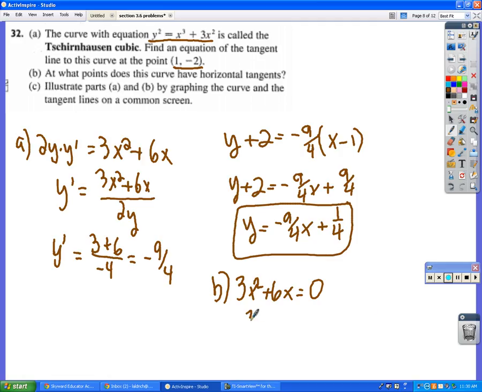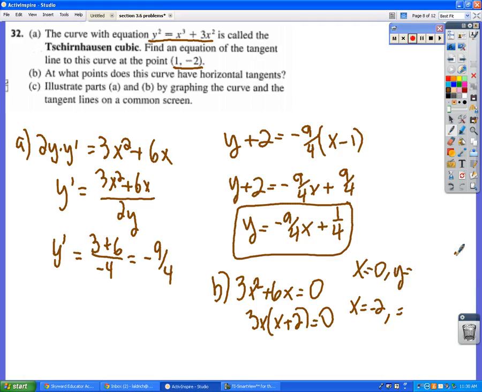So now I'm going to solve that by factoring out a 3x. And then one of these two has to equal 0. So that happens when x equals 0 and when x equals negative 2.